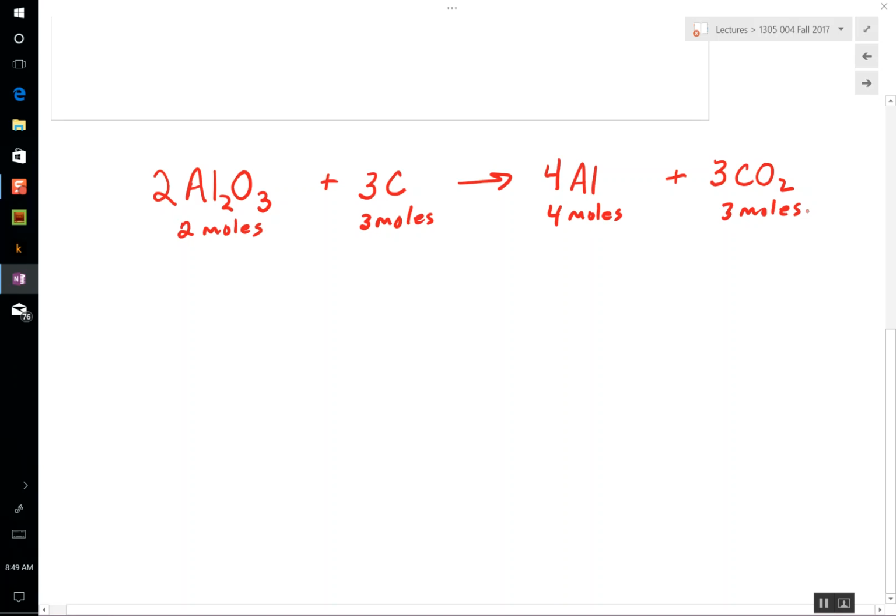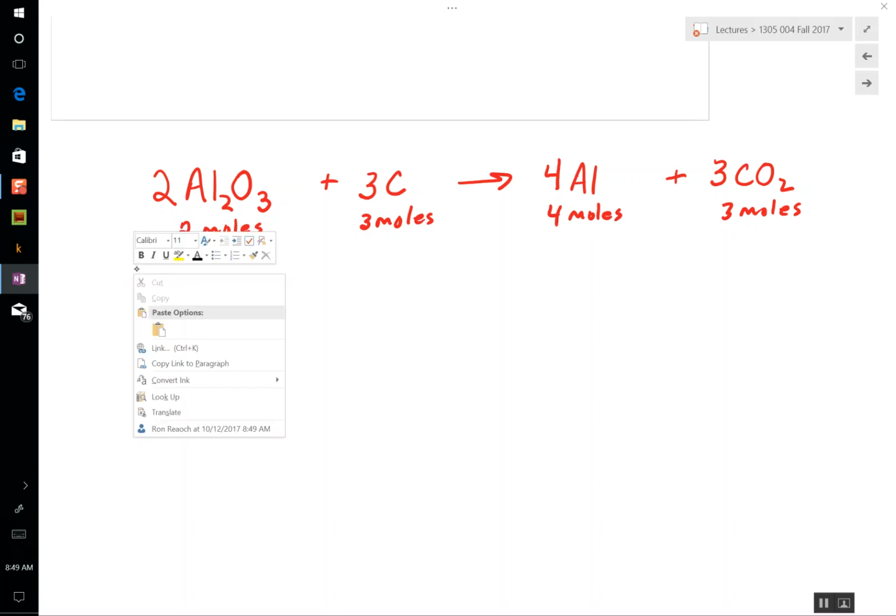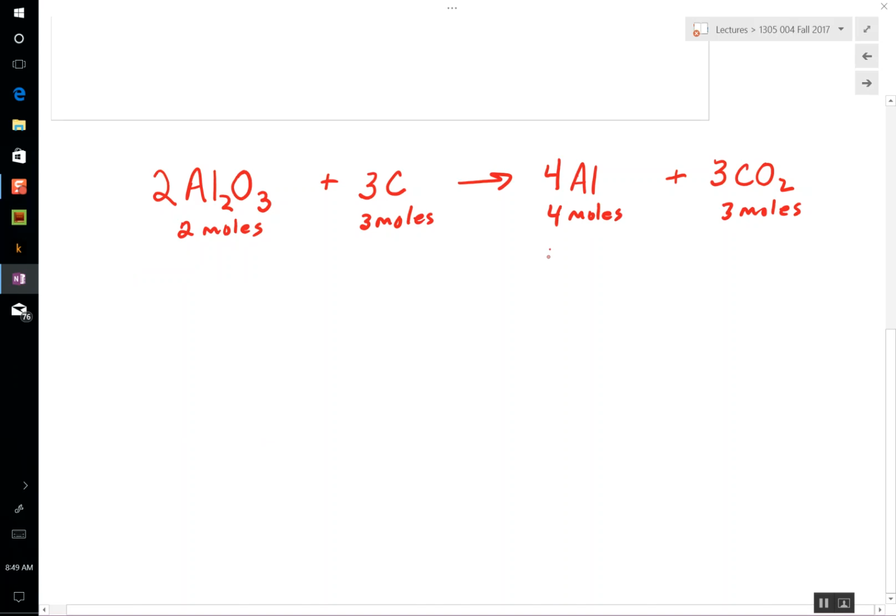And we did a fairly simple little problem. I forget the exact number, but we said, for example, this says here that you get 4 moles of aluminum for every 2 moles of aluminum oxide that reacts. Where am I getting that?